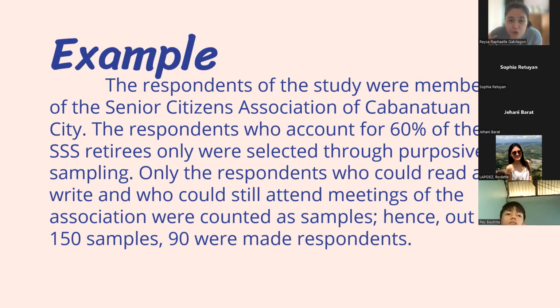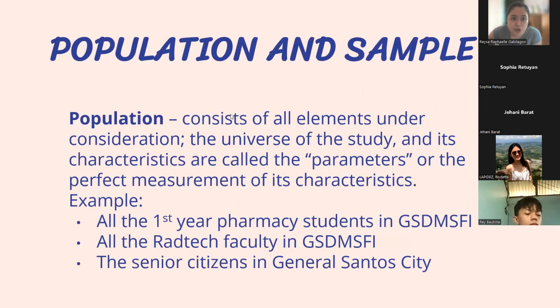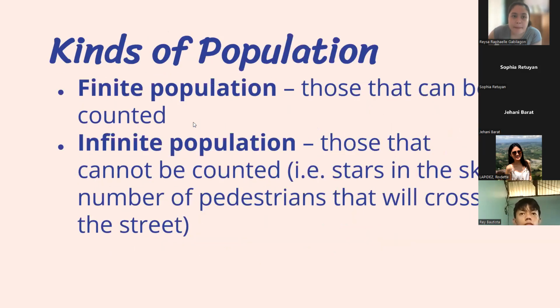So yung kanyang respondents are the members of the Senior Citizen Association of Cabanatuan City. And then, nag-provide siya ng description ng population niya, ng kanyang respondents. Okay, so ito yung respondents who account for 60% of the SSS retirees na select through purposive sampling. Let's talk about that later na lang. Pero ito yung tinatawag na population.